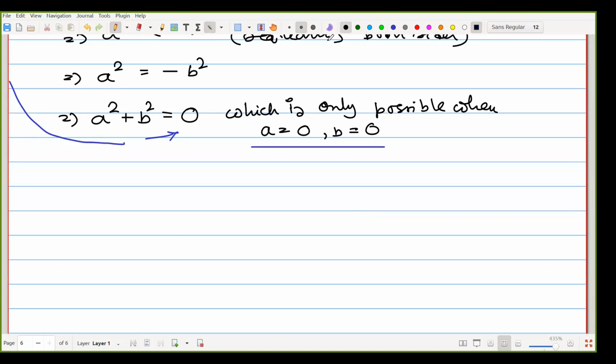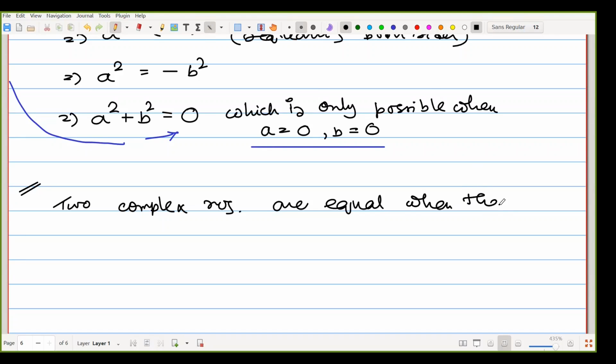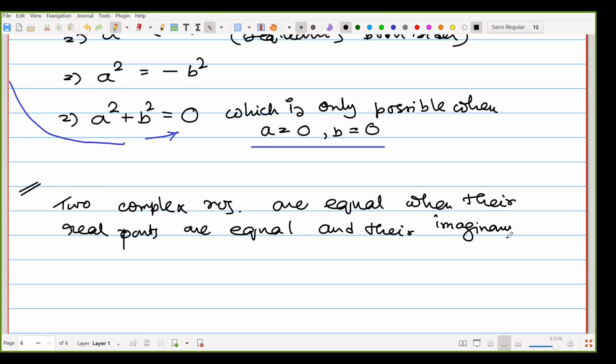Next property: two complex numbers are equal when their real parts are equal and their imaginary parts are equal.